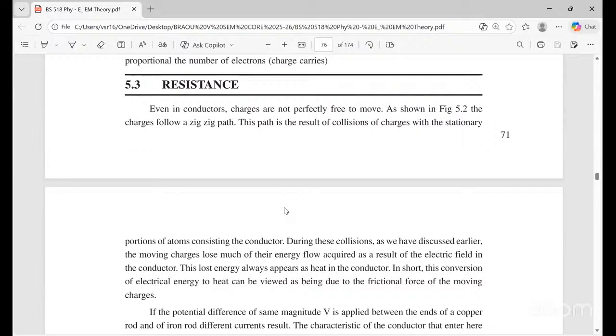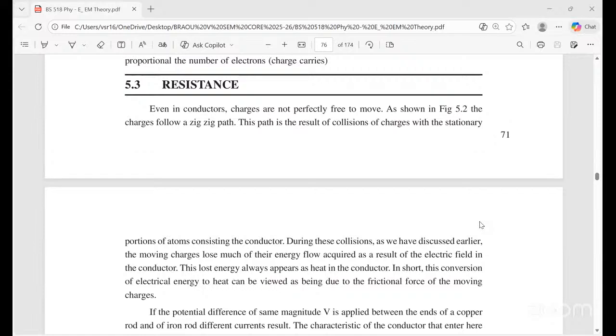A conductor allows the charge carriers to move freely, but in particular cases they cannot move freely, which means something is opposing them. What are the charge carriers inside the conducting material? Electrons are the charge carriers.